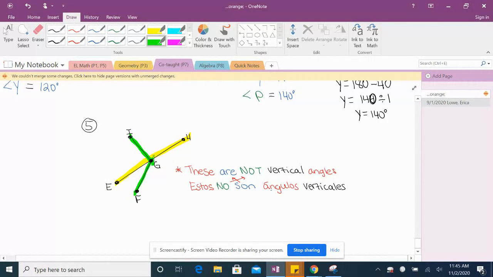This angle goes over here. It doesn't continue. No continúa aquí. Y por eso, these are not vertical angles. Because of that, these are not vertical angles. No son ángulos verticales. Porque no se forman una X. Because they do not form an X.